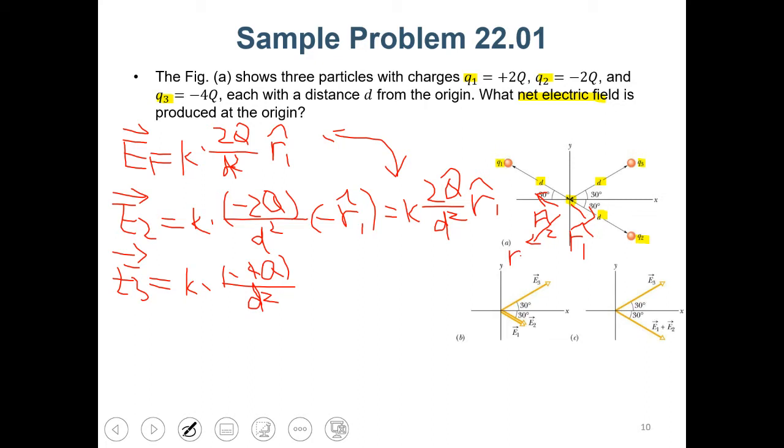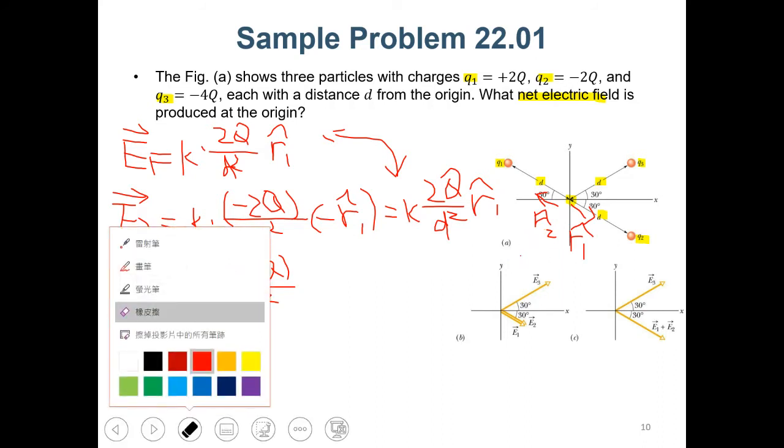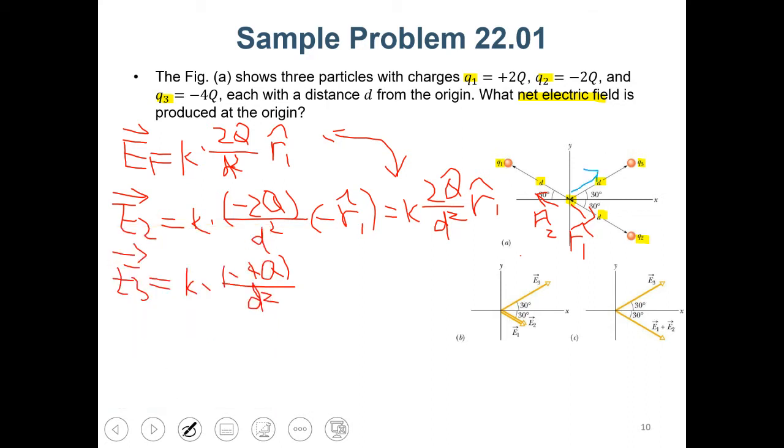Maybe we can just assume R3 is in this direction, so that we can have a minus R3 hat like this.